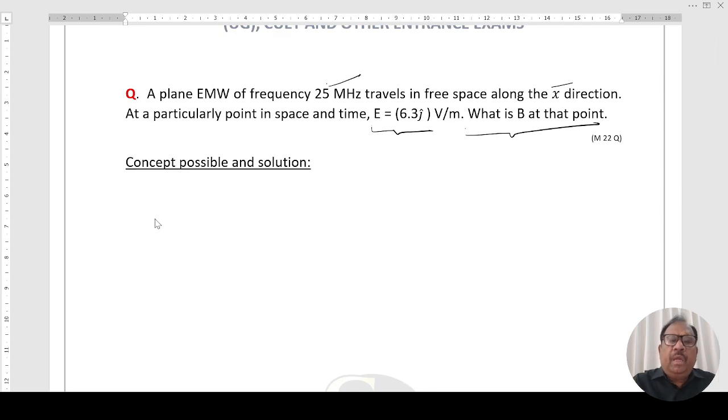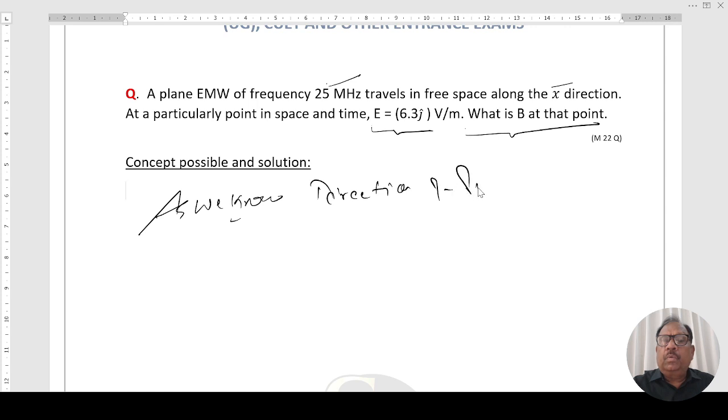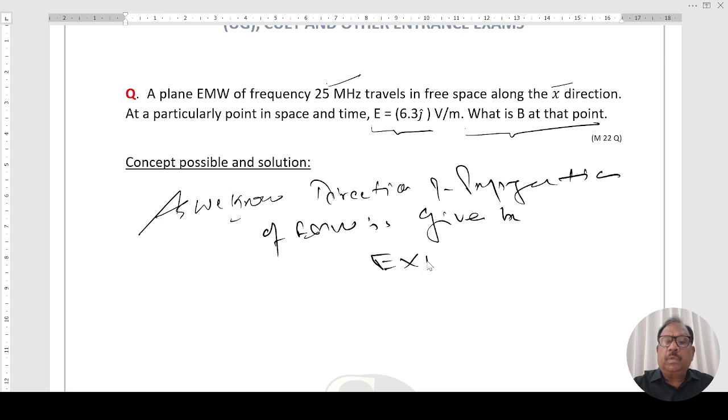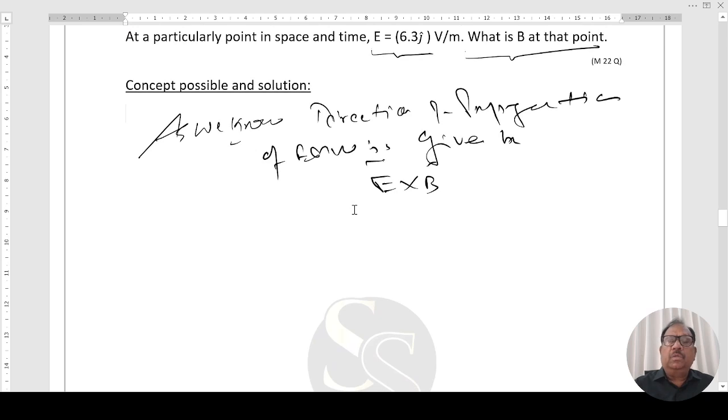As we know, the direction of propagation of an electromagnetic wave is given by E cross B. And also E naught over B naught equals C, that is the velocity of light.